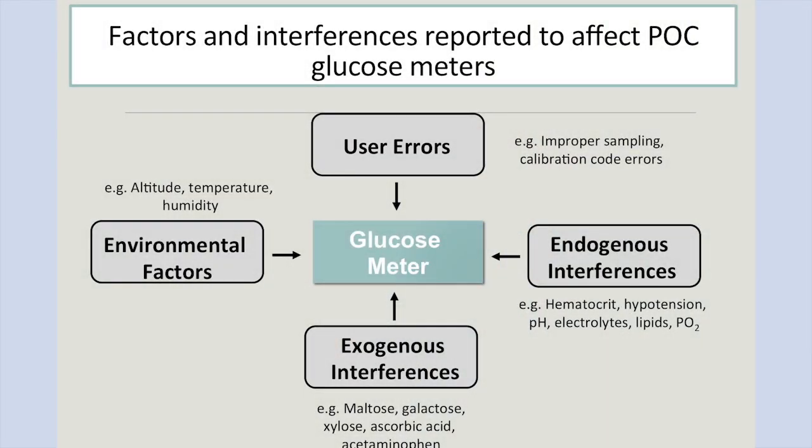Okay, glucose meters. Lots of different factors can influence the performance of glucose meters. Nam talked about many of the exogenous factors, glucose, galactose, et cetera. Endogenous factors like hematocrit. We talk environmental factors: altitude, temperature, humidity.